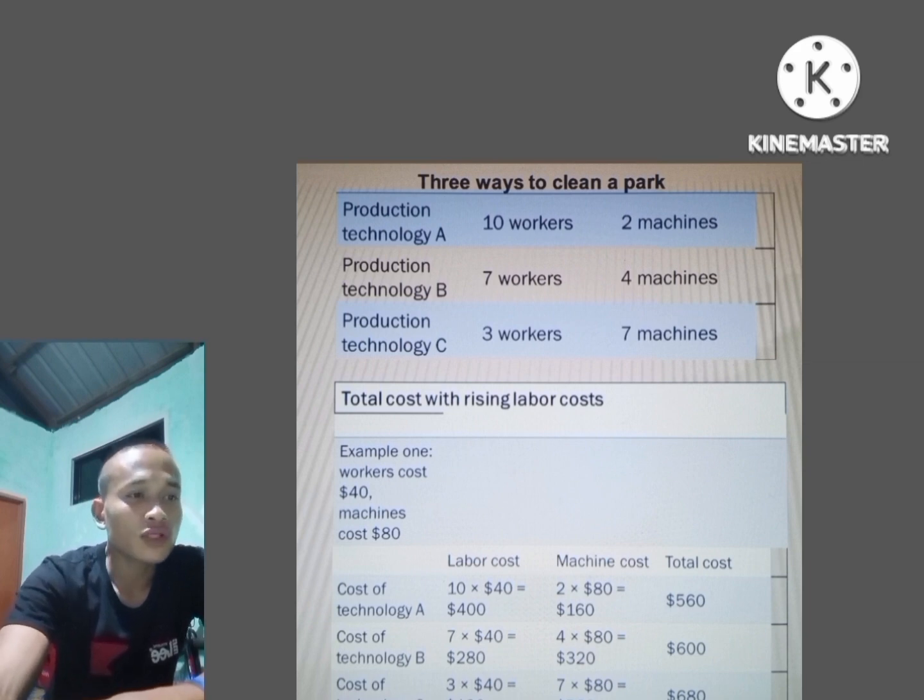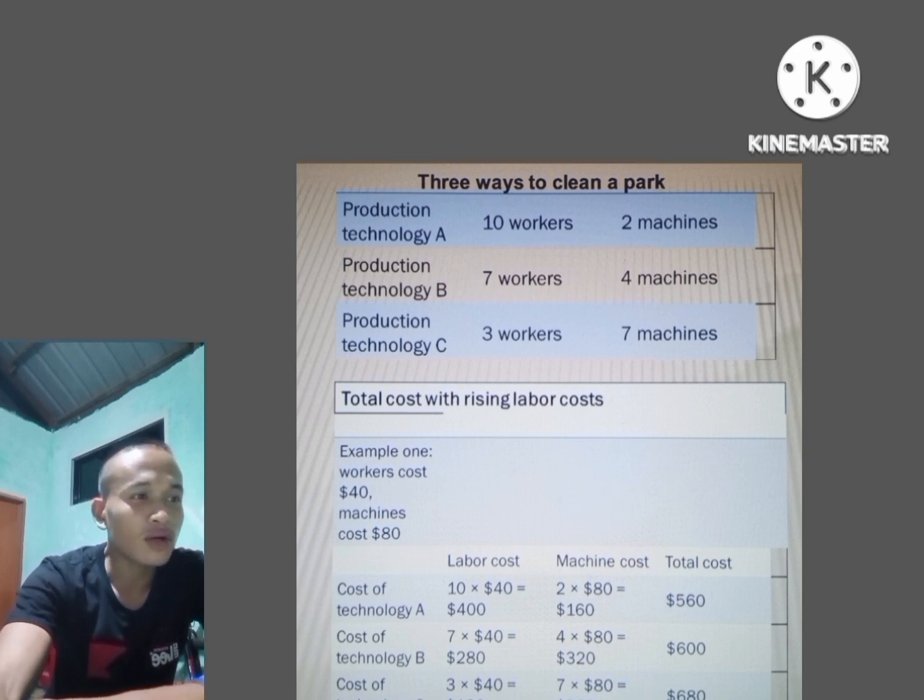So the cost of technology A: labor cost is 10 workers times worker cost of $40 equals $400, and the machine cost is 2 machines times $80 equals $160.